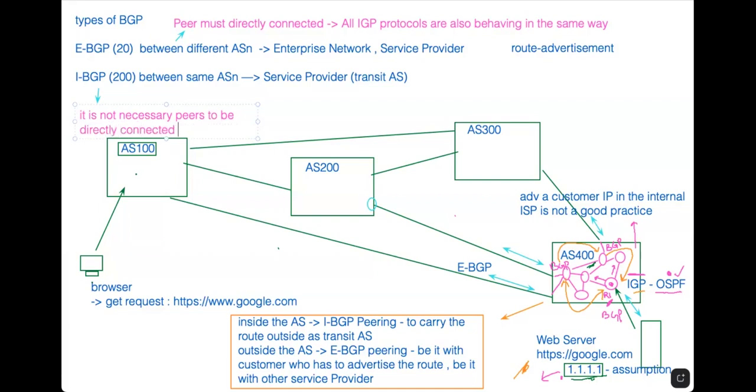We can still have the neighborship if the peers are remotely connected. Right? We'll talk about that when we perform the configuration.